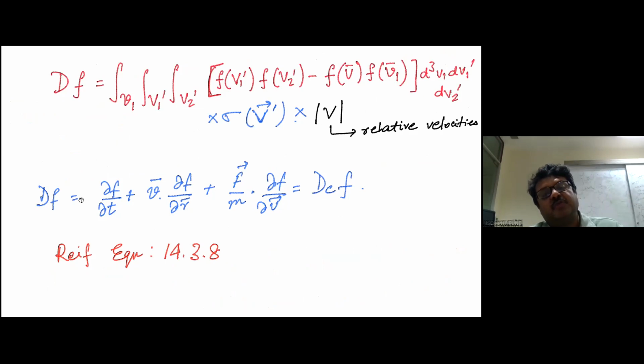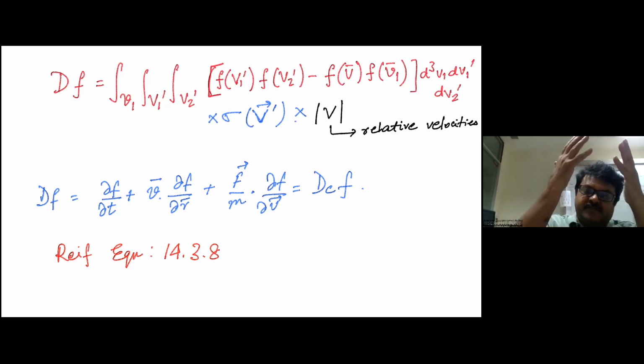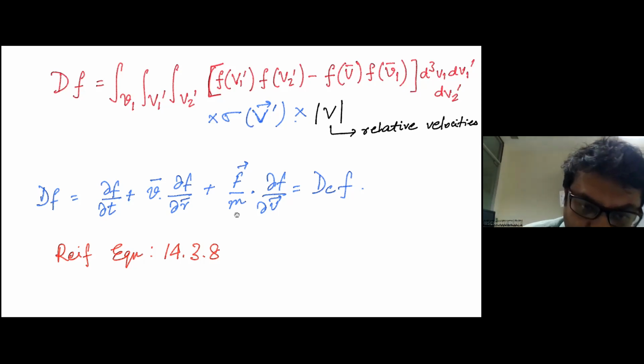So this was due to flow in explicit dependence of time, a dependence on space, a dependence on velocity because it's moving in a six dimensional space, right? So this is without collision. So f, the particles will keep moving with the same velocity and so on and so forth.